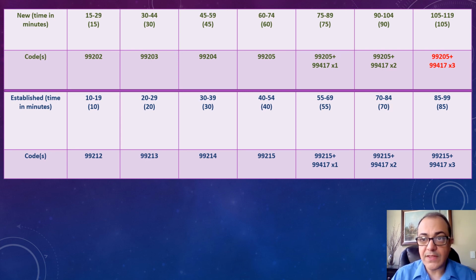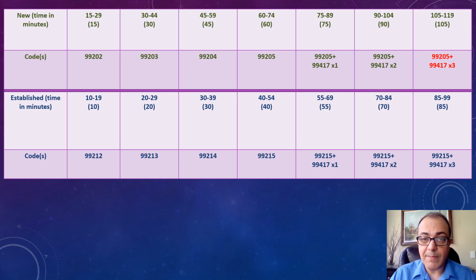Now, because it is a new patient to him, then you follow the upper part of this table, not the lower part, and you see here 110 minutes is in that final interval on your right-hand side, which is between 105 and 119. That gives Chris 99205, the new patient visit code, plus 99417 times 3.